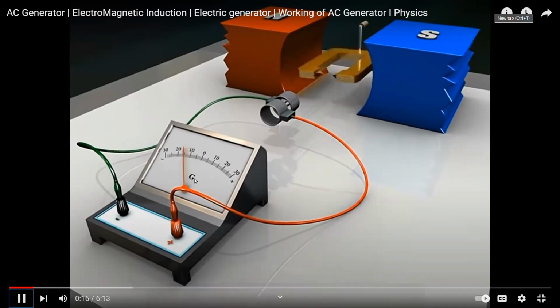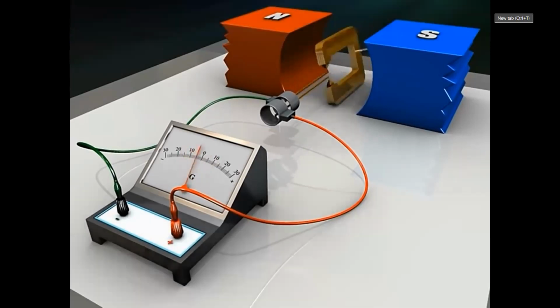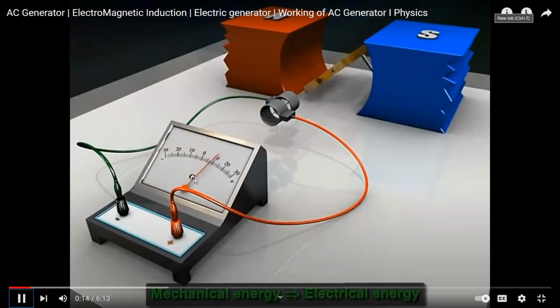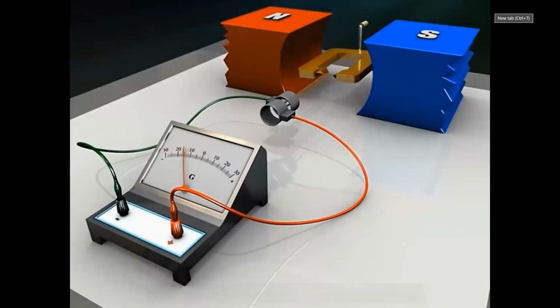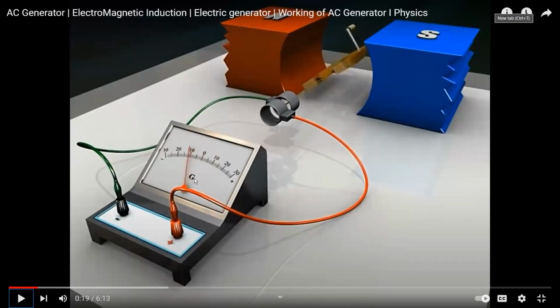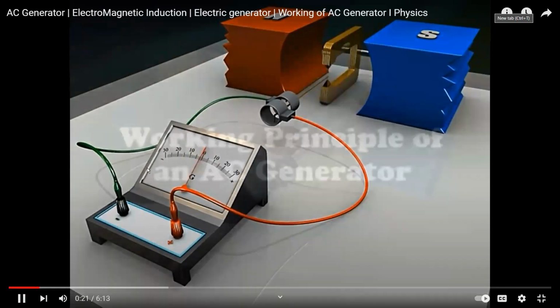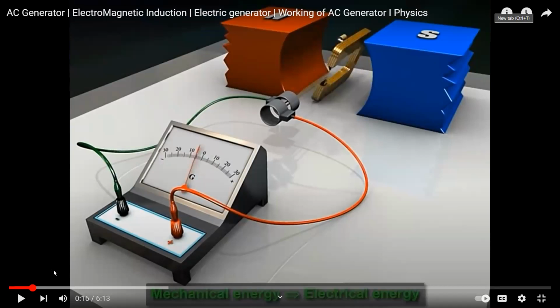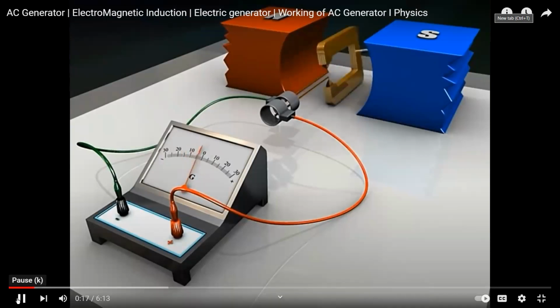Okay. Now let's watch this. If you look here, how is the galvanometer changing? What's happening? It's measuring the current. How is it changing? Is it going from positive to negative? Yeah, it's swinging around. It's changing direction. It's directly correlated to the swinging of the coil.